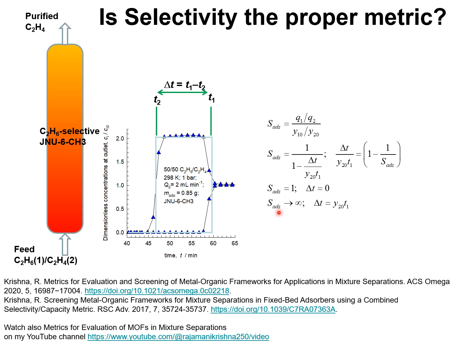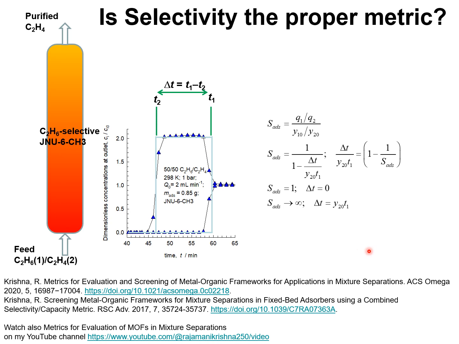If the adsorption selectivity is infinitely large, the time interval delta T is related to T1, which is the breakthrough time for ethane, and the mole fraction of ethene in the feedstock.